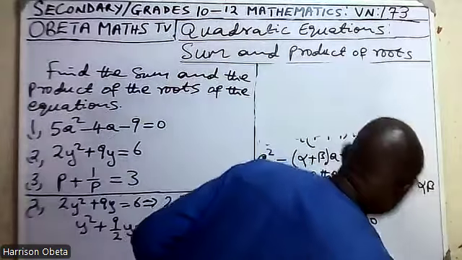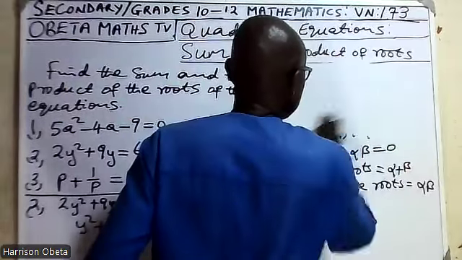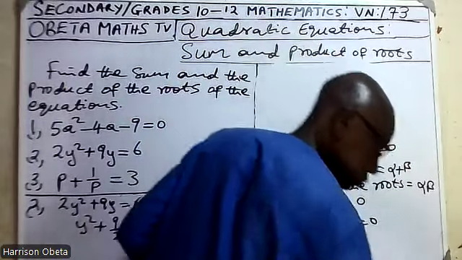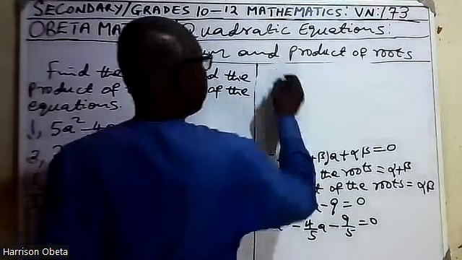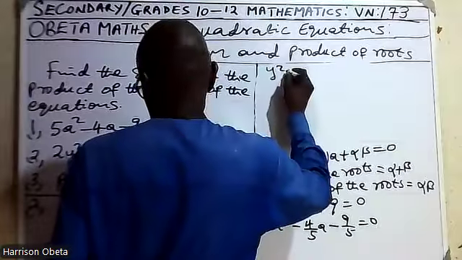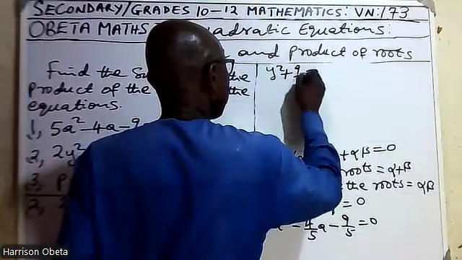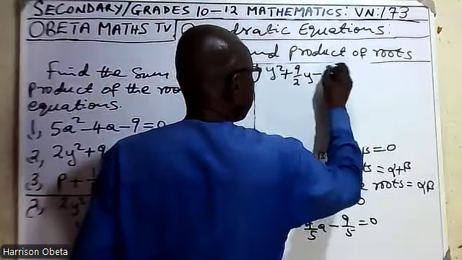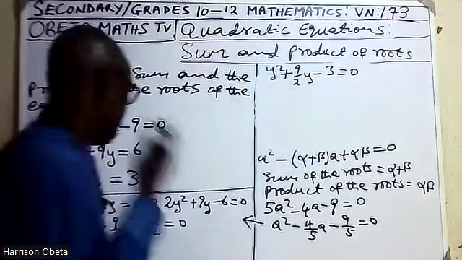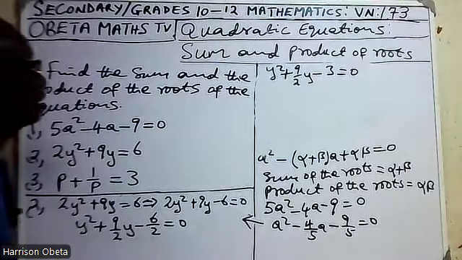So coming up to continue, we have y squared plus 9/2y minus 3 equal to 0. Yes, because 6 divided by 2 is 3.